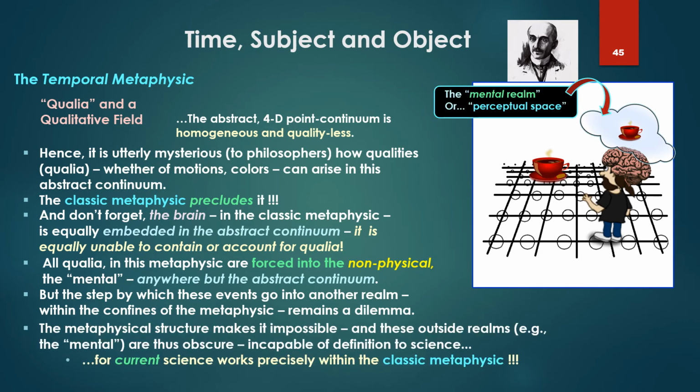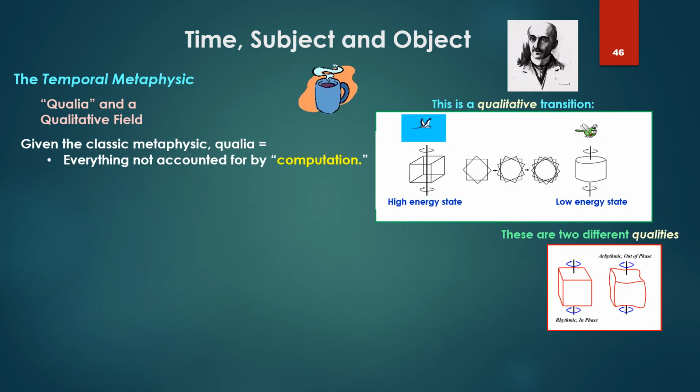The metaphysical structure makes it impossible, and these outside realms, for example, the mental or perceptual space, as Joseph Bloch would call it, are thus obscure, incapable of definition to science. For current science works precisely within the classic metaphysic. Given the classic metaphysic, qualia becomes everything not accounted for by computation.